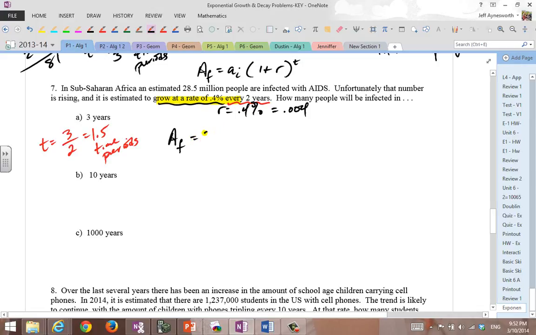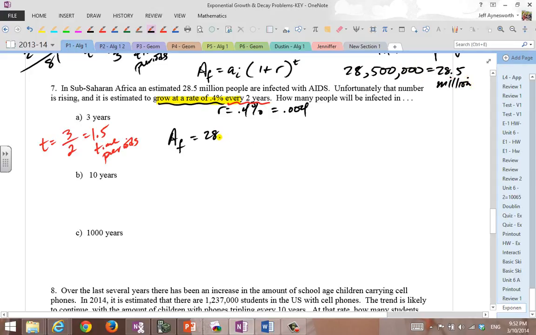So what do we have? 28.5 million. Let me convert this. 28.5 million is 28,500,000.